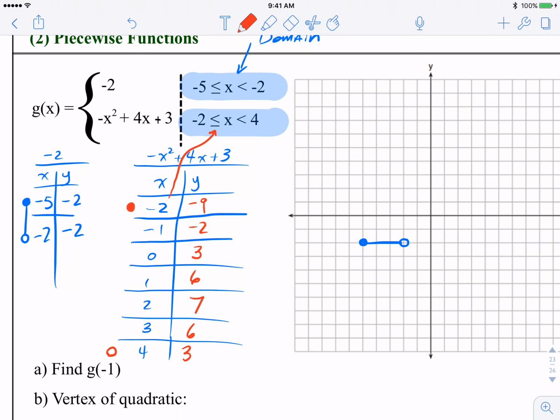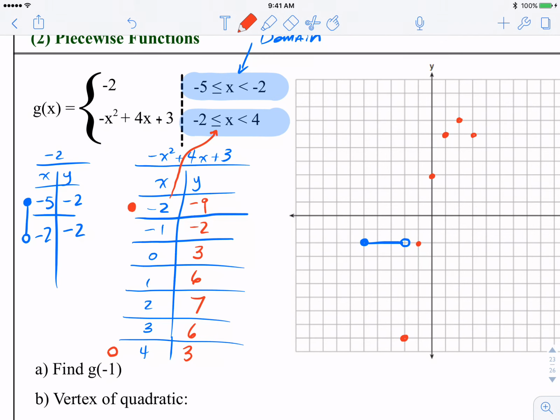Okay, so at -2, -9, I'm going to plot that. -1, -2, 0, 3. That's 1, 6, 2, 7, 3, 6, and then 4, 3 is open.